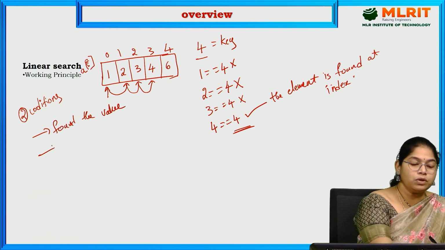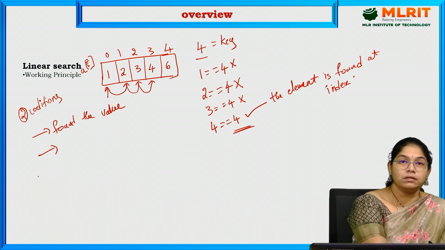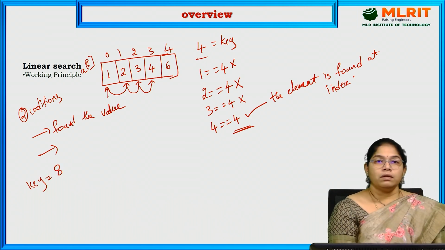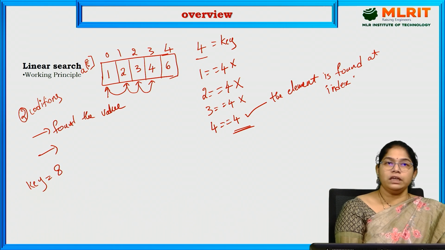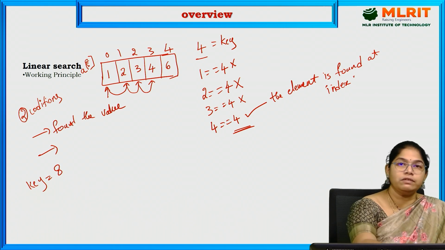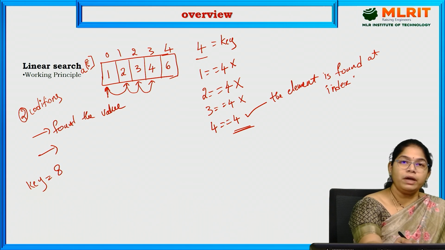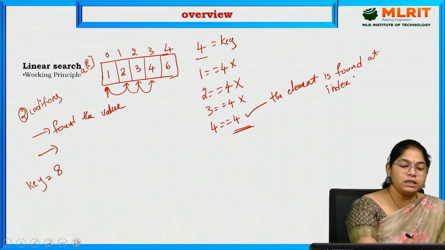Then another stopping condition: let us suppose now the key value is 8. I want to search whether this value is present in that array or not using the linear searching technique. It starts with the first element and goes on one by one till we find the target value. The first element is 1.